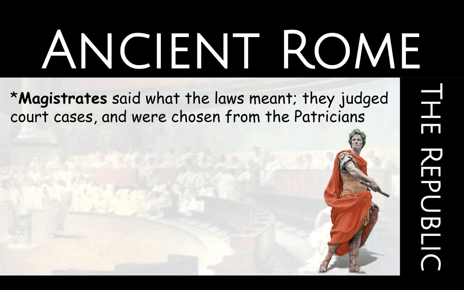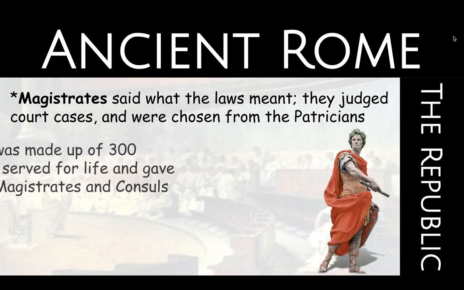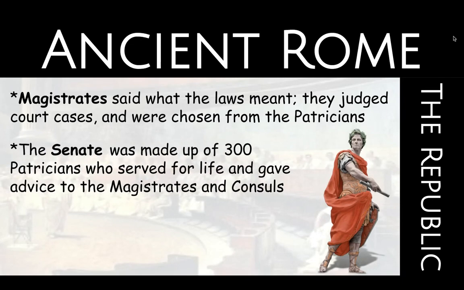Magistrates were the judges. They are the ones who determined what the laws meant. They would hear court cases, and the magistrates were also chosen from the patrician class, those wealthy landowners. And then the Senate, as I talked about a second ago, was made up of 300 patricians.